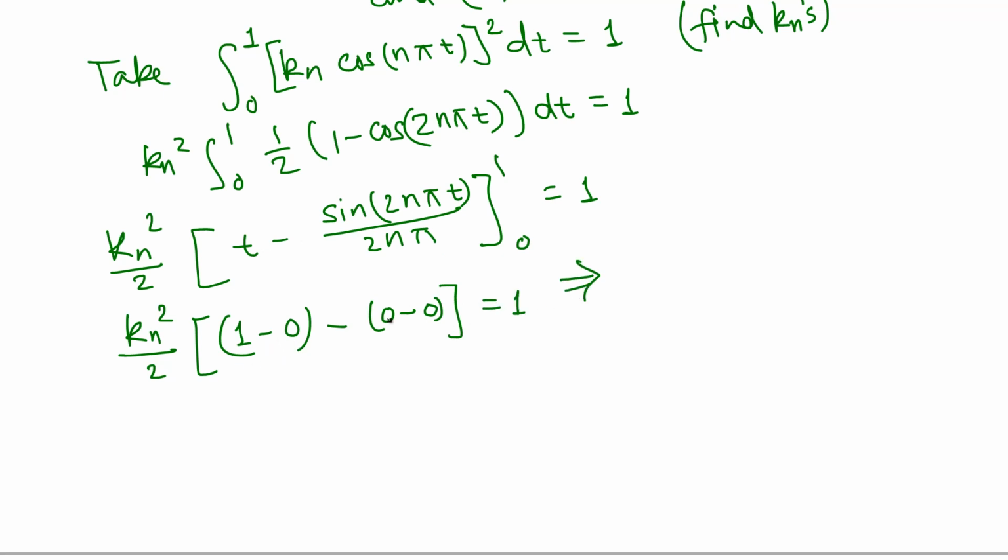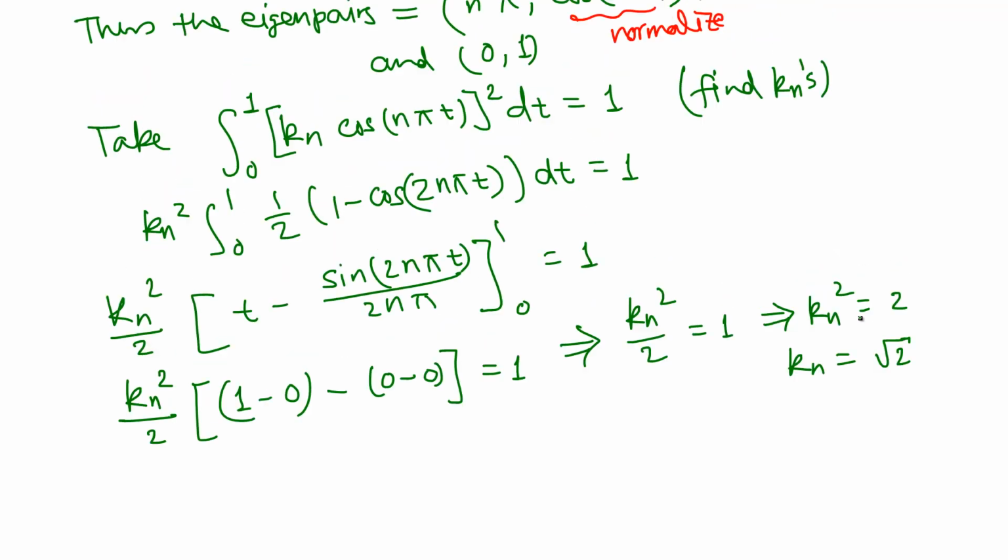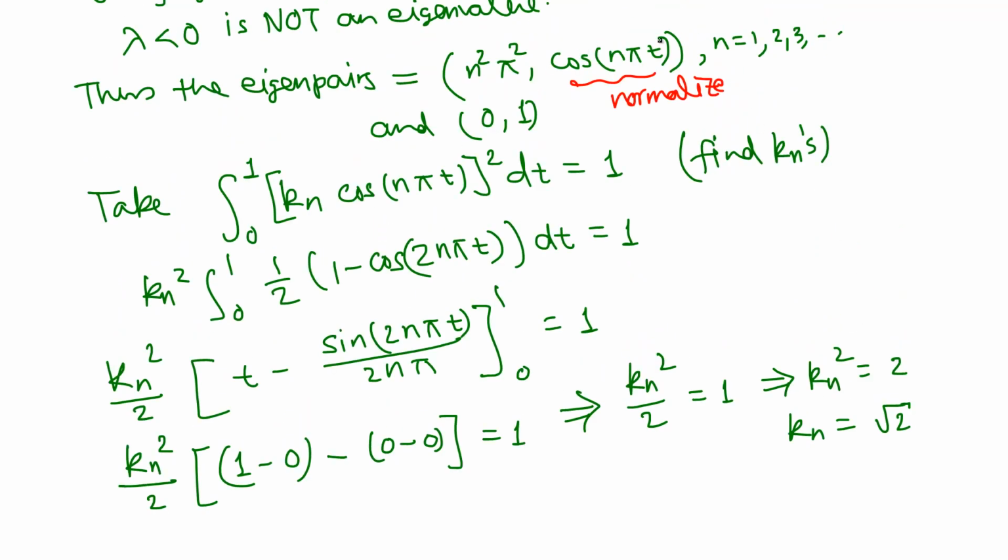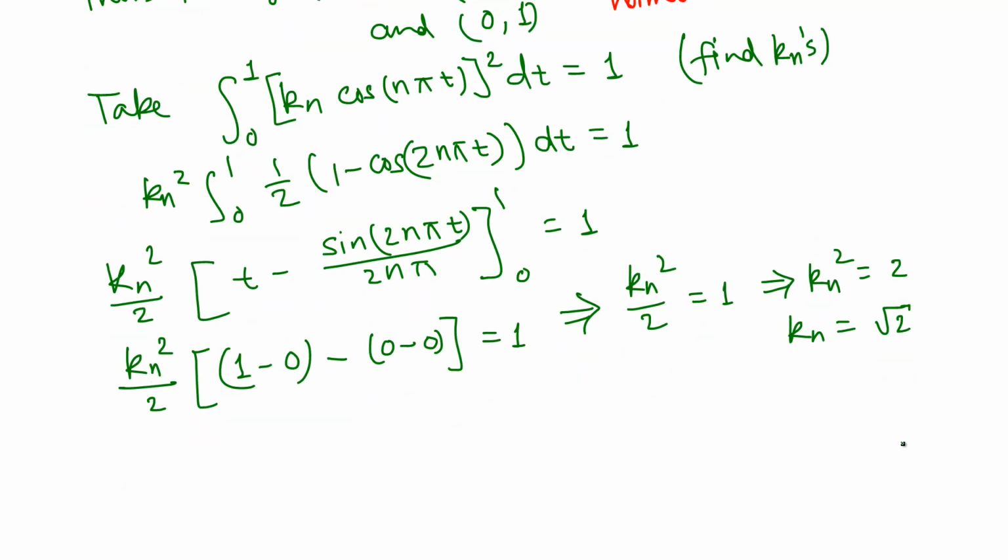So from inside we got just 1. There is no contribution from the sine terms. So kn squared over 2 equals 1, and that implies kn squared equals 2. Okay, and kn is the square root of 2, and we don't consider negatives, so positive. So the normalized eigenfunctions are, we just multiply by root 2.